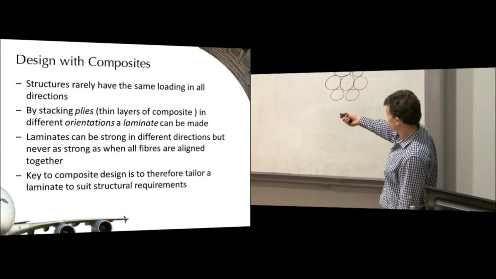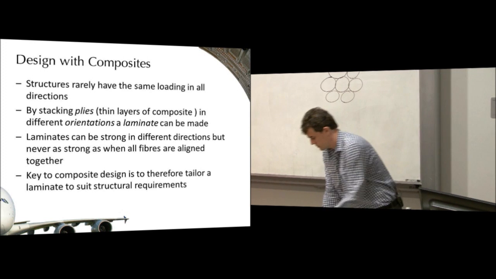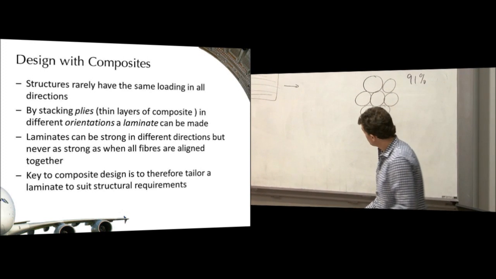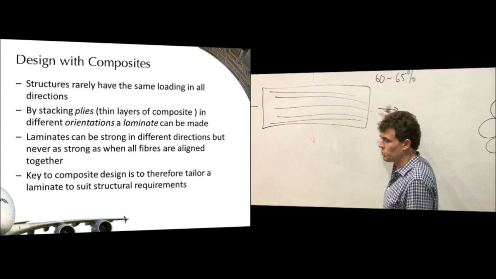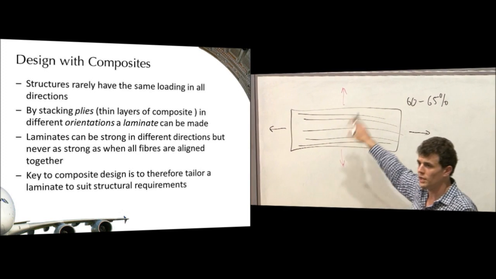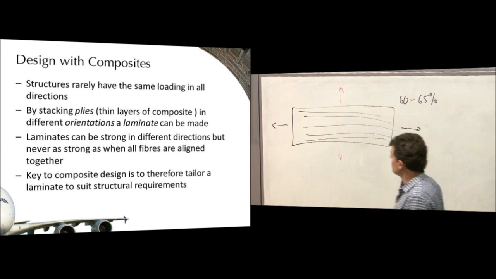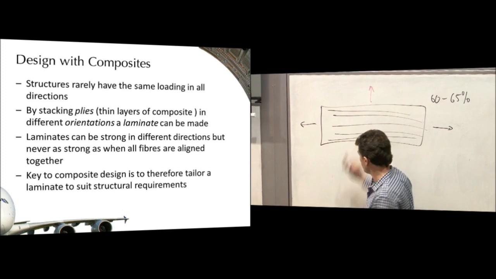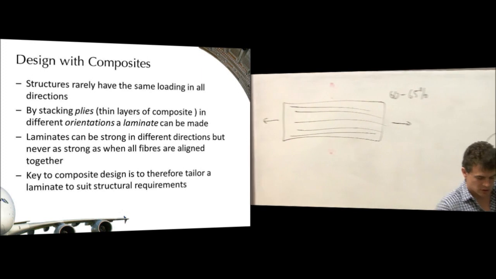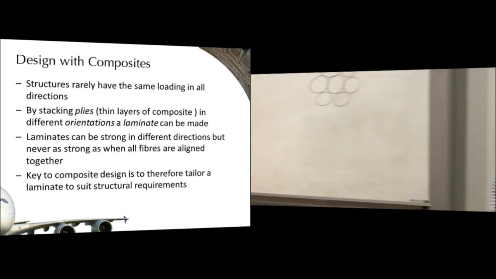When we stack these plies, so that if someone said, okay, I'm going to load my composite this way, but I'm also going to have some load in the other direction, you would say, okay, I'll come in and on my next layer, so this might be one sheet of material. The composite tends to come as sheets.